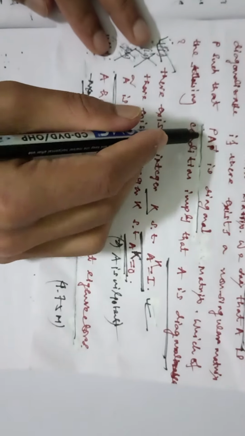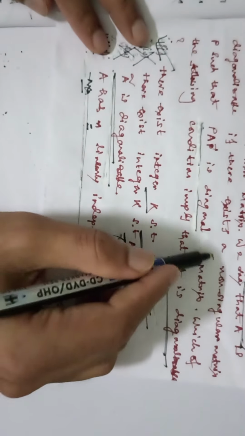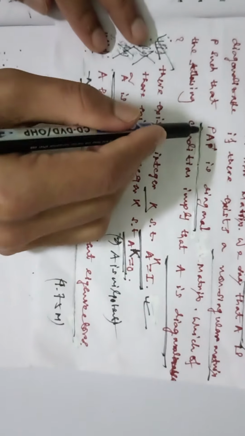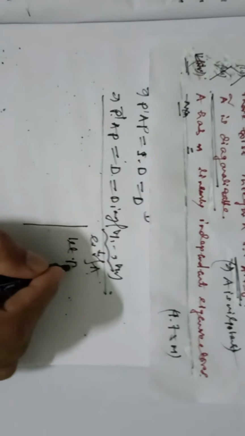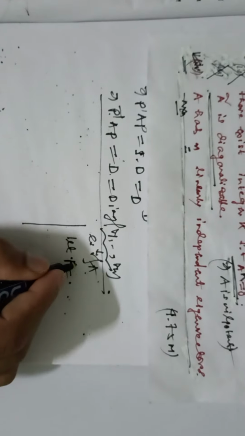But in this question there is one slight change. It says there is a non-zero matrix such that P inverse AP is diagonal. So you can choose P inverse equal to Q, or P equal to Q inverse.